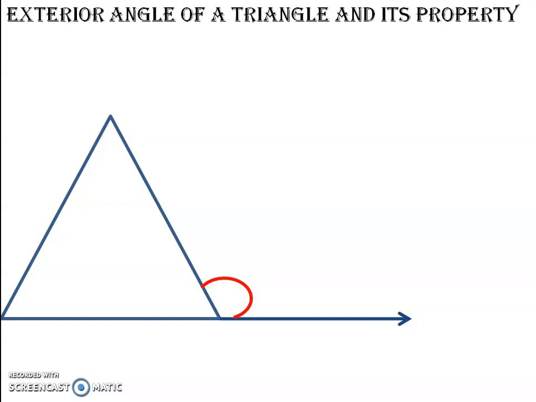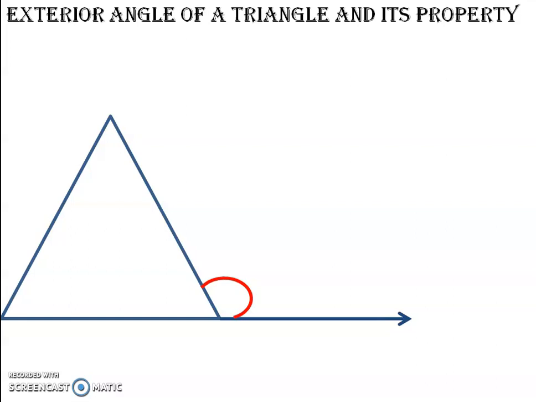What is an exterior angle? The angle formed between one of the sides of a triangle and the extended other side is called exterior angle. The angle formed between one of the sides of the triangle and the extended side of the same triangle is called an exterior angle.